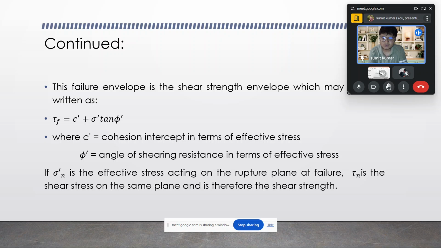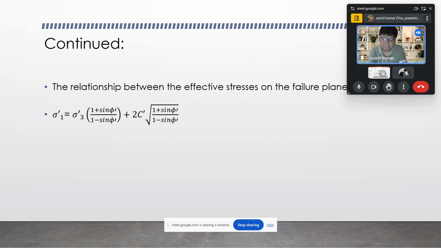Over here, we know that tau is nothing but c plus sigma tan phi, where c is the cohesion intercept and phi is the angle with the horizontal axis. There is also an interrelation, that is sigma 1 equals sigma 3 times (1 plus sin phi) by (1 minus sin phi), plus 2c times the square root of (1 plus sin phi) by (1 minus sin phi).